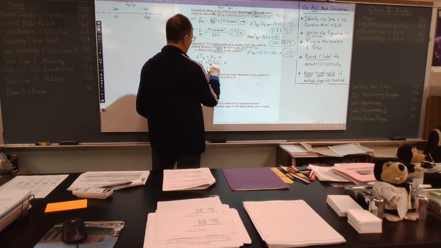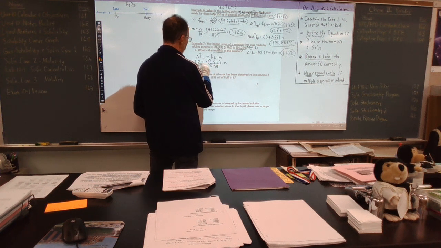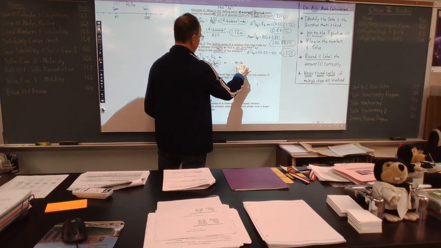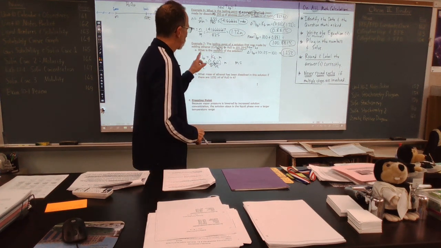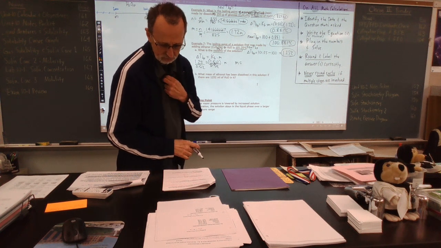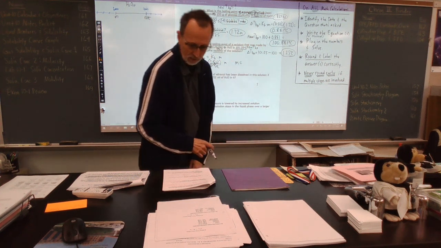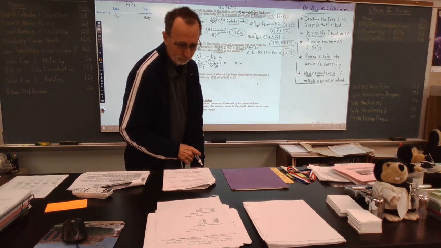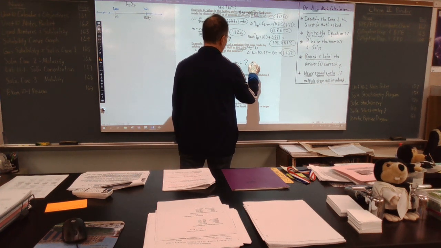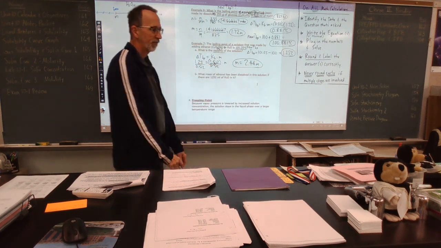So if we divide out 0.512, then the molality of this solution to 3 sig figs is 2.44 molal.